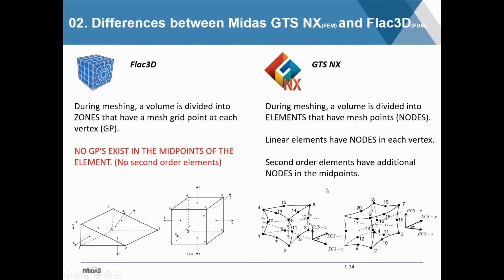However, we can also do second order elements, which have nodes in between, as we see here in these images. So that's one thing to consider: we can import linear elements into FLAC, but we cannot import second order elements into FLAC, because FLAC doesn't formulate its zones with that setup.